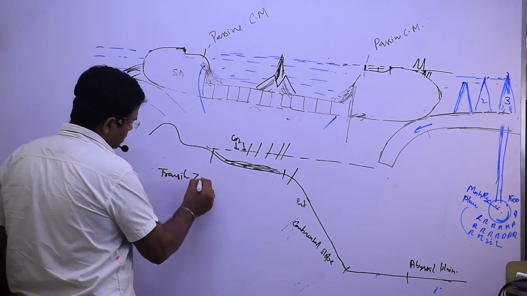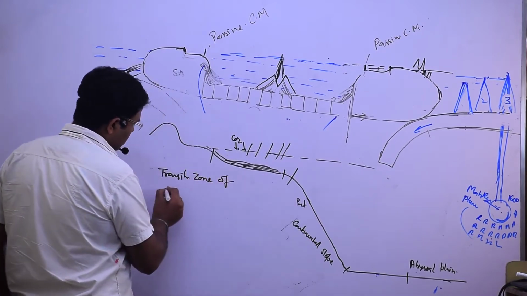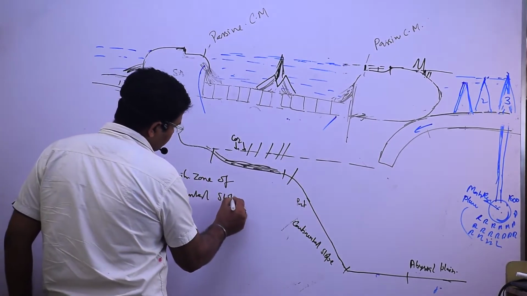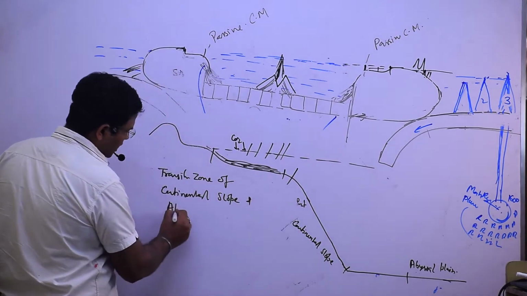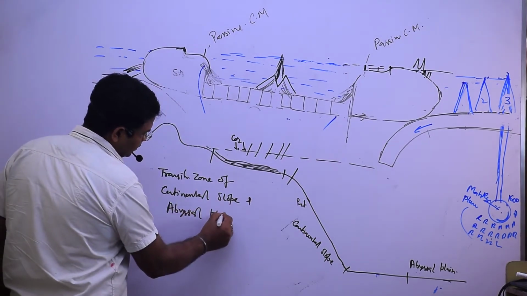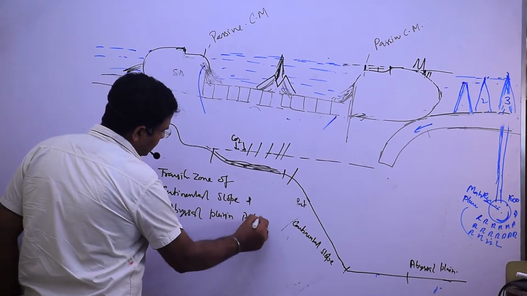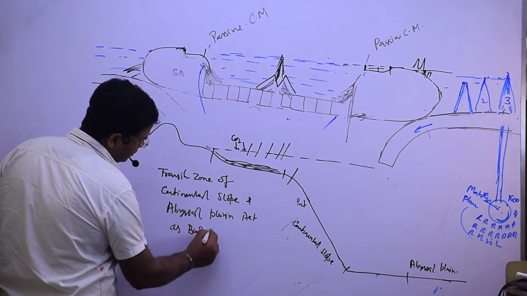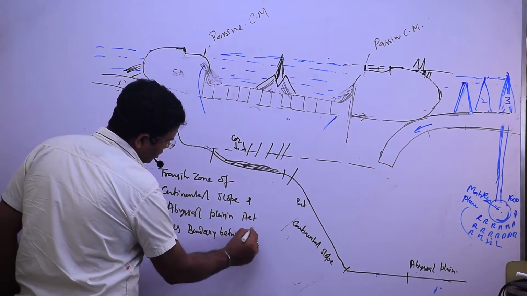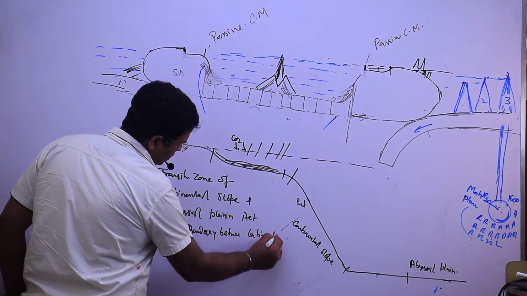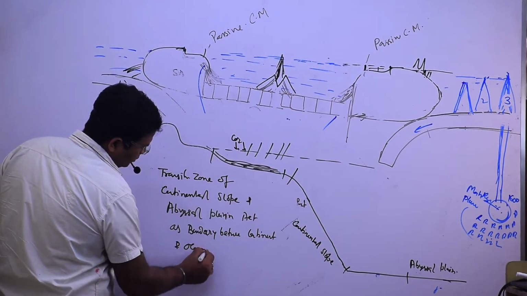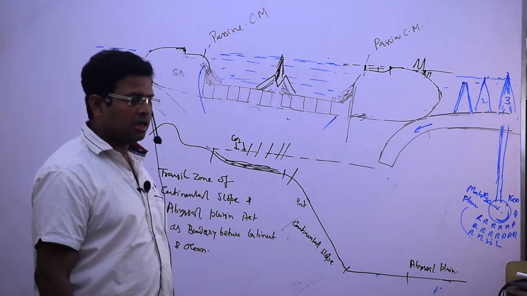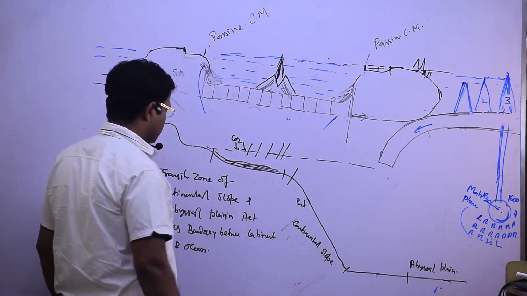So I said that the transition zone of continental slope and abyssal plain acts as a boundary between continent and ocean.